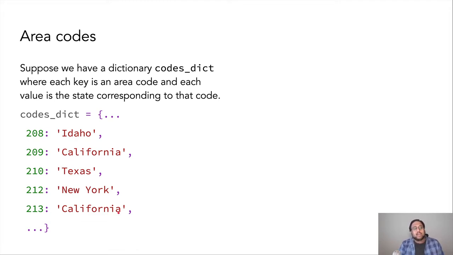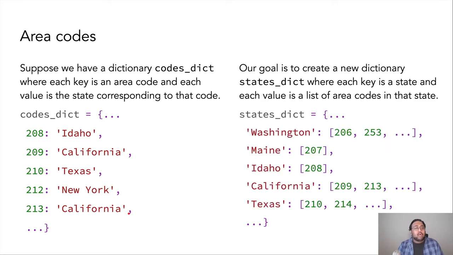And so we know there are multiple California area codes, there are multiple Texas area codes, most states have multiple area codes. So our goal is to create this new dictionary called states dict, where now the keys instead of area codes are the names of states and the values are a list of all of the area codes corresponding to that state.